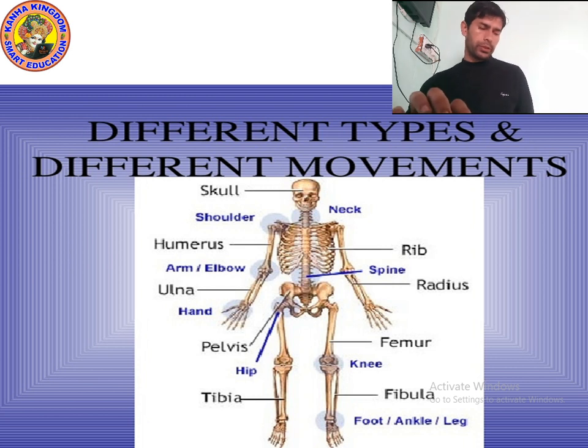Remember this one, it will help you to understand the remaining things. There are different types of tissues present in our body. When you go to a higher class, you will study about these tissues.